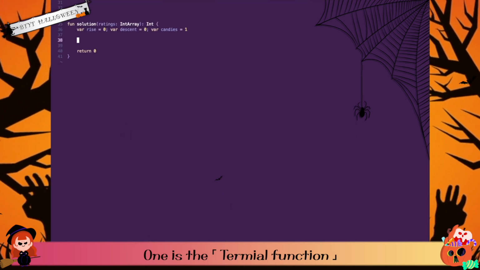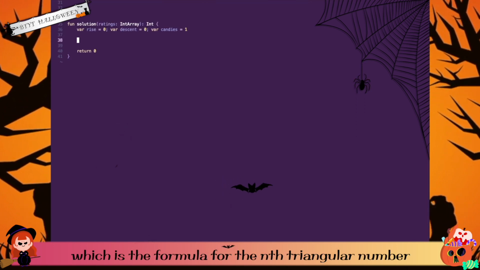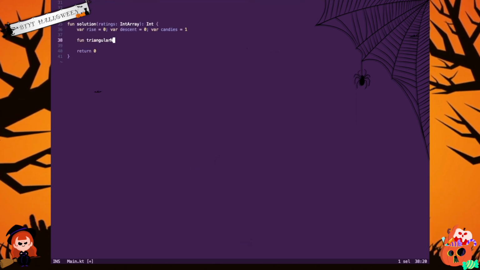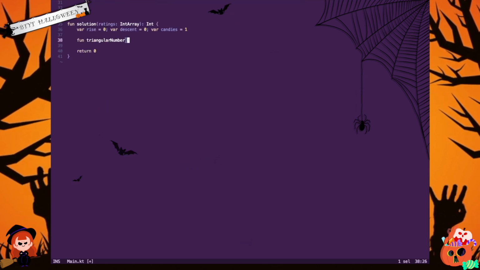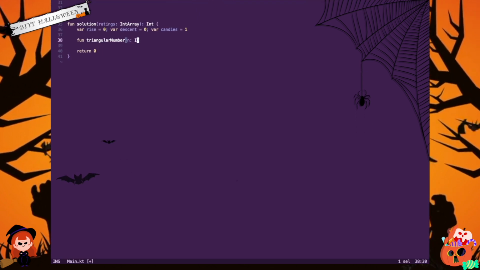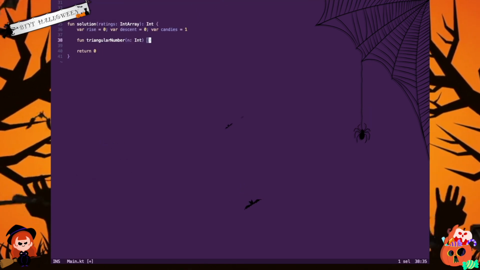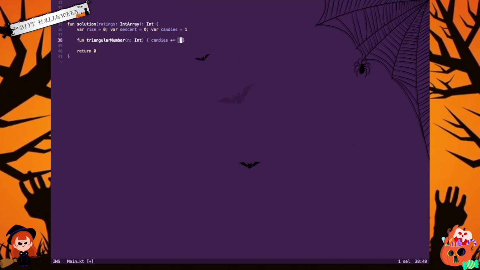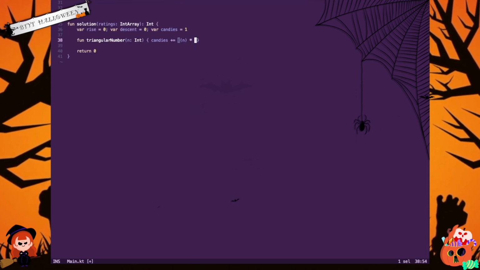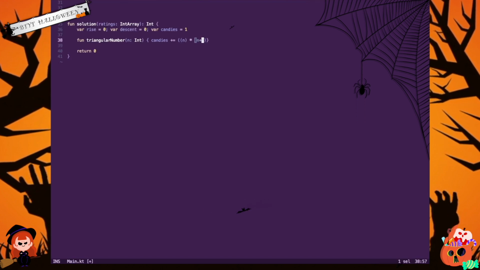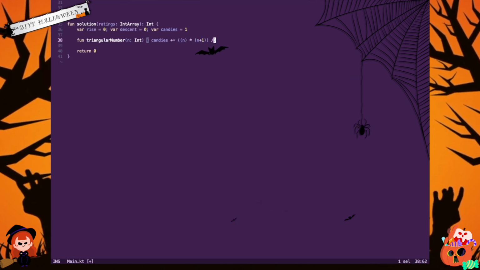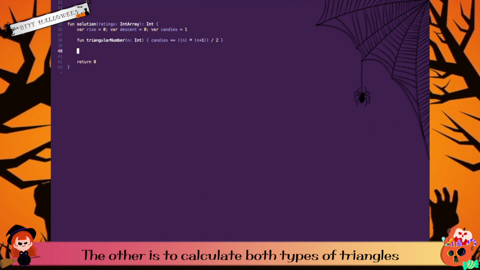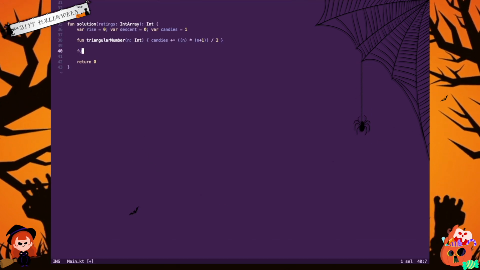One is the terminal function, which is the formula for the nth triangular number. The other calculates both types of triangles.